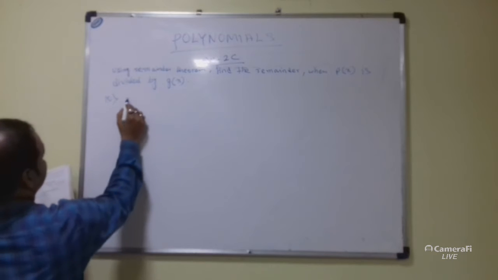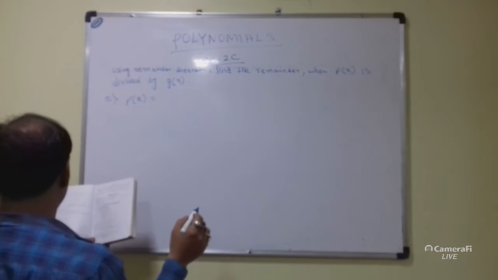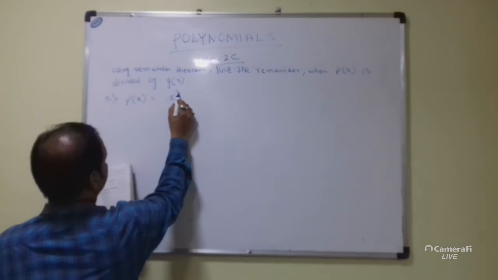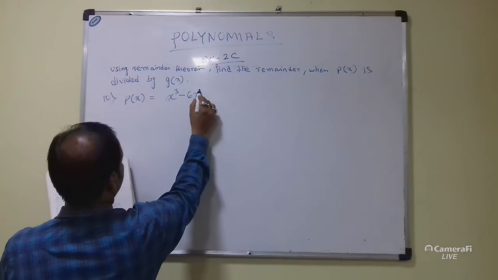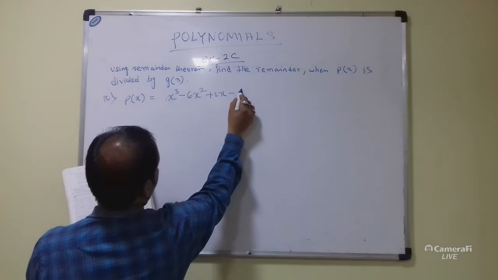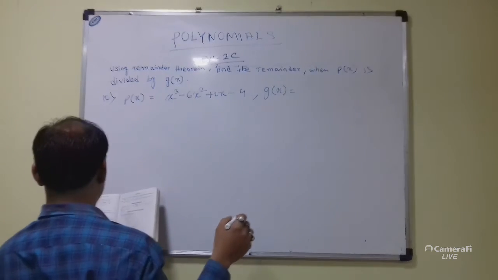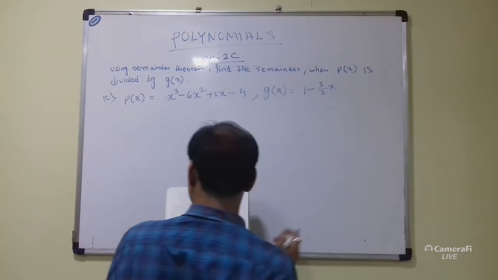Here P(x) is equal to x cube minus 6x square plus 2x minus 4 and G(x) is equal to 1 minus 3 by 2x.